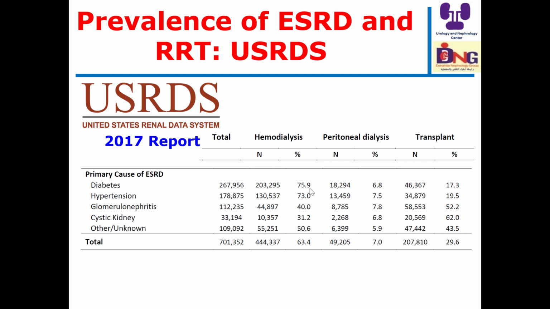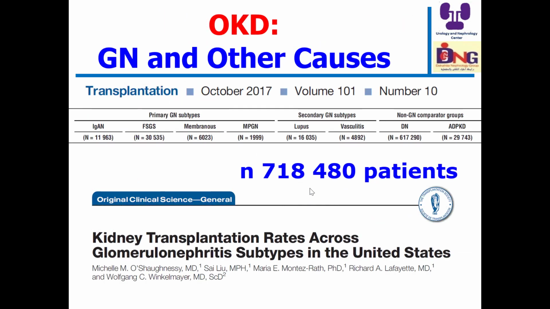So this is a point that deserves consideration and to be studied well. And I think this article tried to answer this point. This is the beauty of the presence of a data registry.